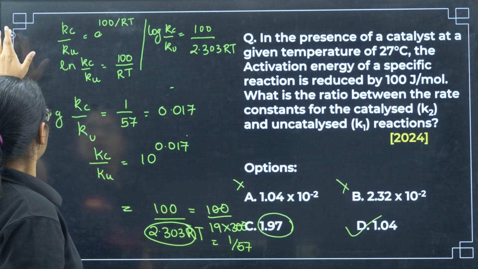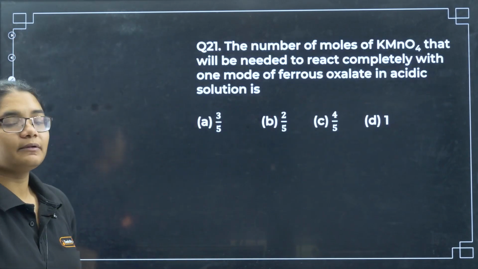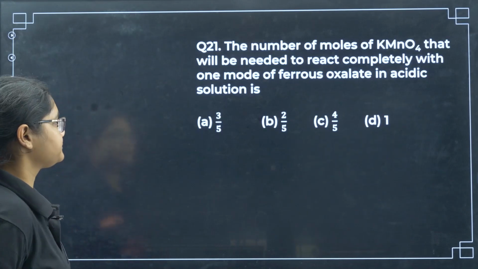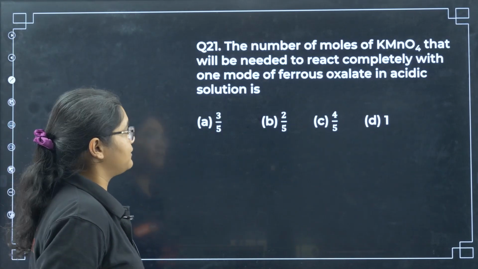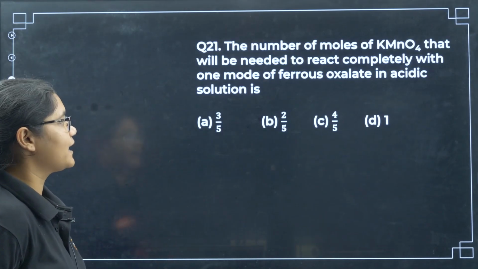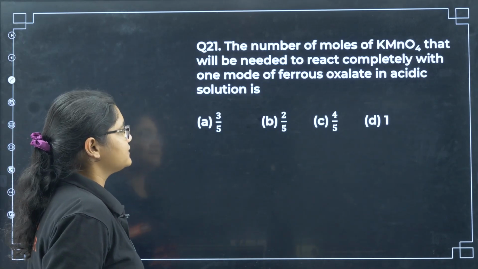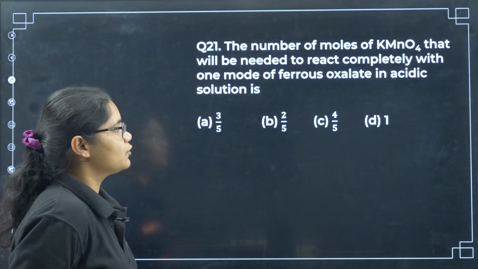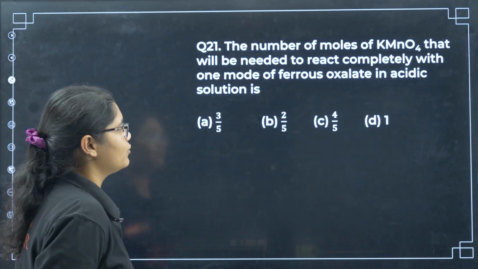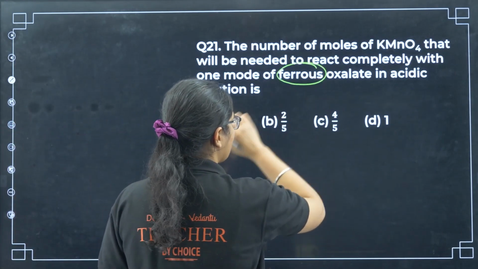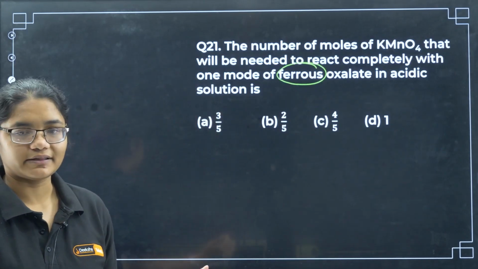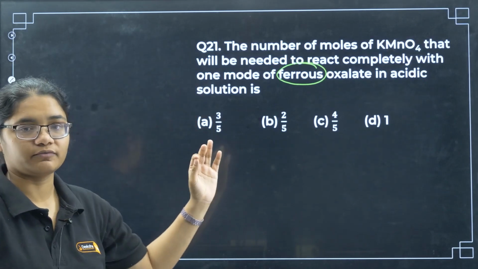Okay. Next, moving to the D and F block elements question. The number of moles of KMnO4 that will be needed to react completely with 1 mole of ferrous oxalate in the acidic medium is. Okay, so here you can see 1 mole of ferrous ion is there. So to react with that, how many moles of KMnO4 will be required?